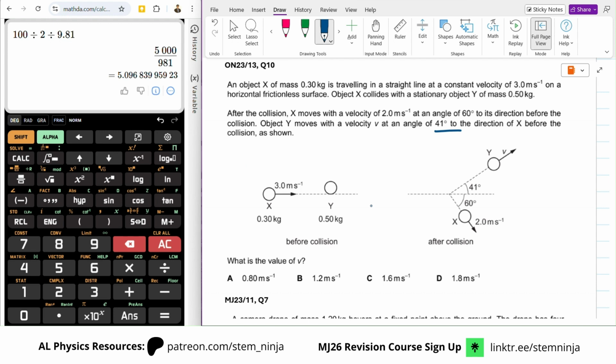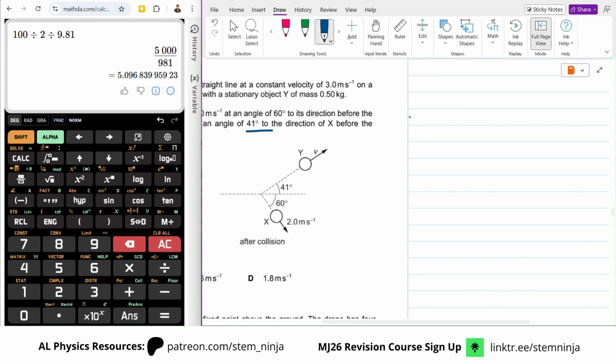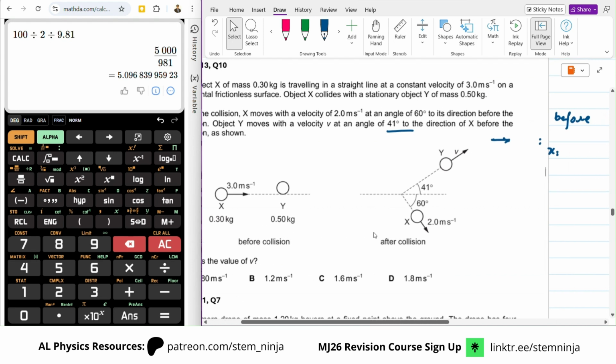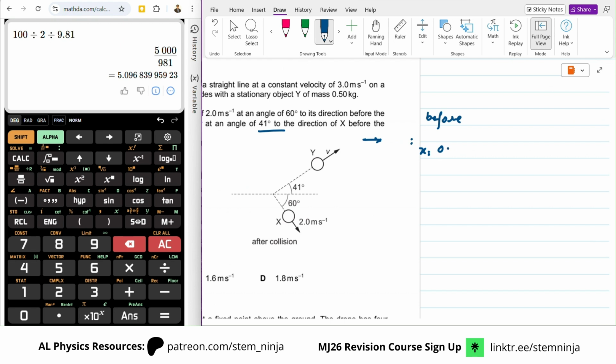Okay, so we are going to do the same thing as before. So before collision, parallel to X, that means this direction, you have 0.3 times 3 plus 0.